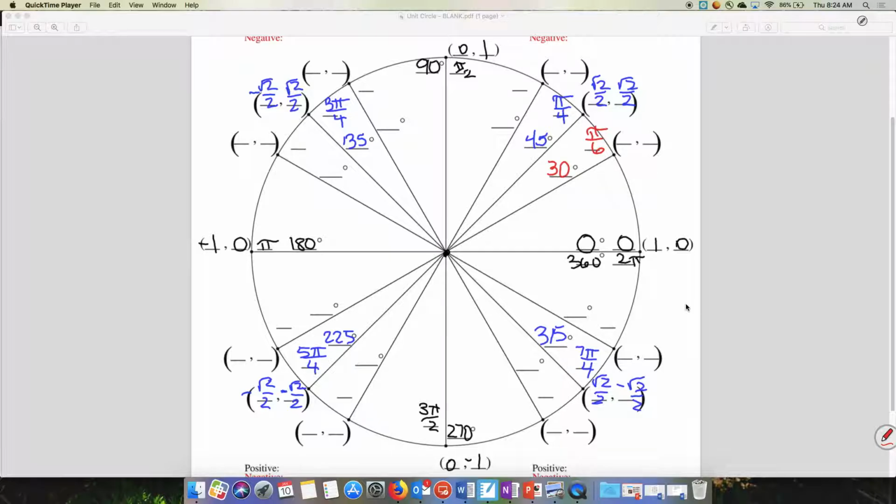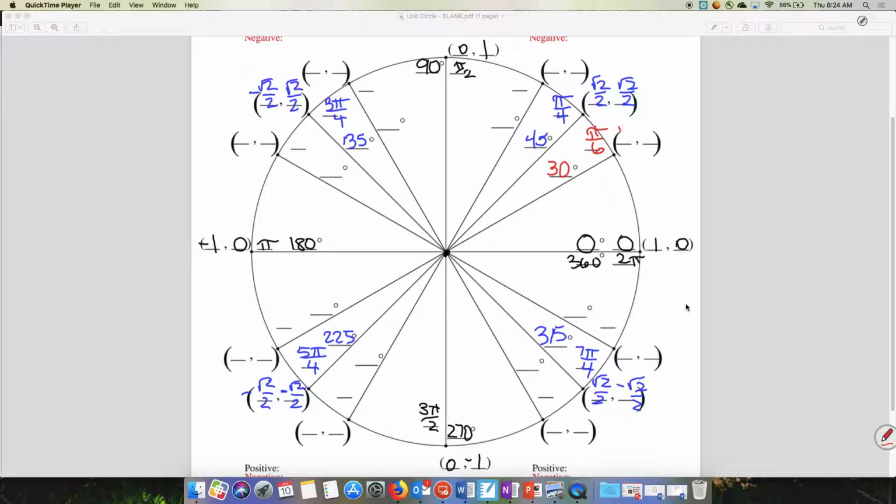Okay? So if you place your triangle here with the hypotenuse along the radius, and you have your right angle sitting on the x-axis, okay? Look at this. We would have to travel horizontally along that side that says radical 3 over 2, and then vertically along the side that says 1/2.